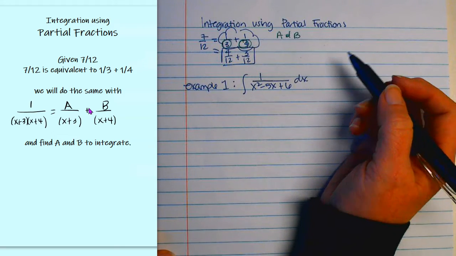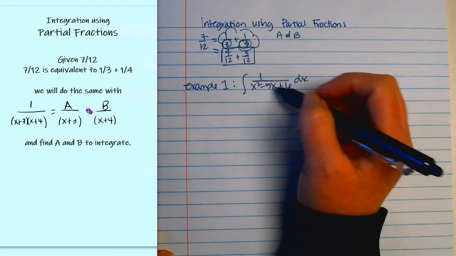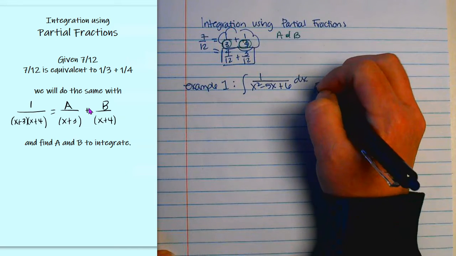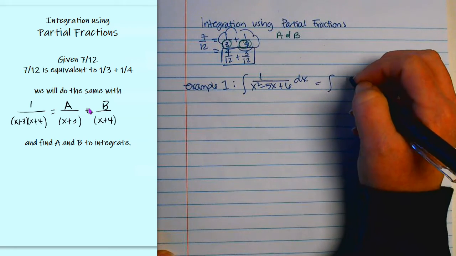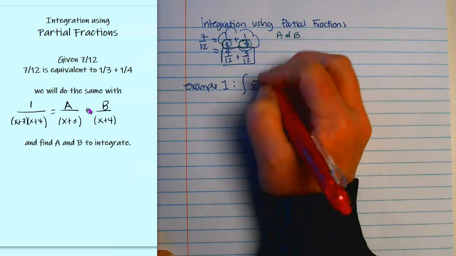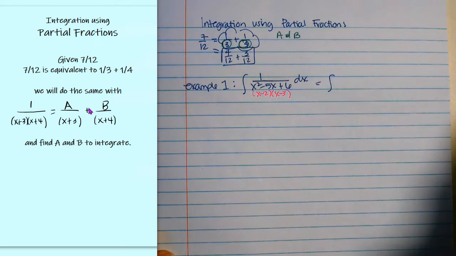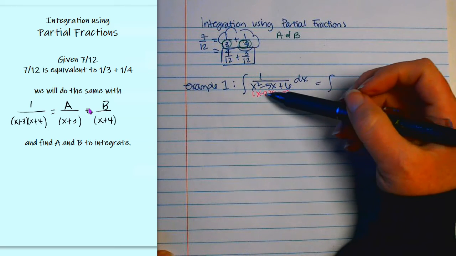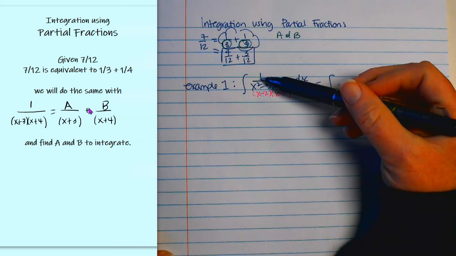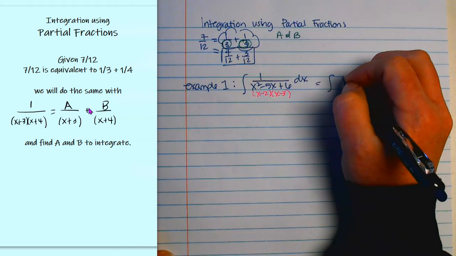So what I want to do is rewrite this so that I have the common denominator separated. So I'm going to integrate, and obviously this is going to be x minus 2, x minus 3. I don't know how to separate that, what the top is to add up to 1. Let me just do it and see if that helps.